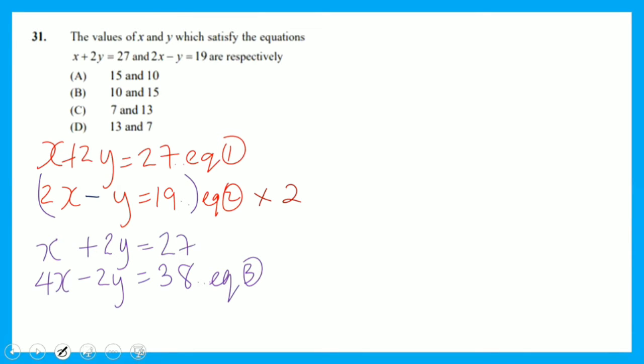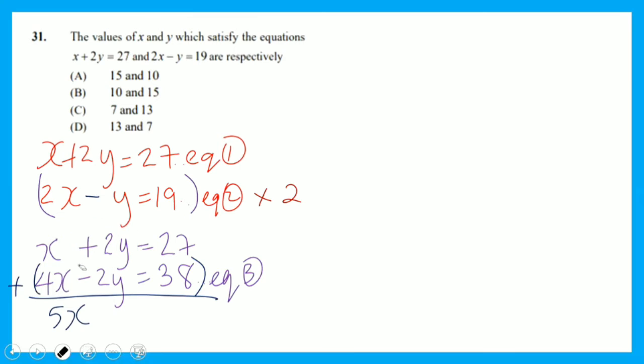Now we are going to be adding both equations, because clearly if we add, then the variable y would be eliminated, and you will see that in just a second. So we're adding the first equation to the third one. x plus 4x will give us 5x, and a positive 2y plus a negative 2y will definitely give you 0.